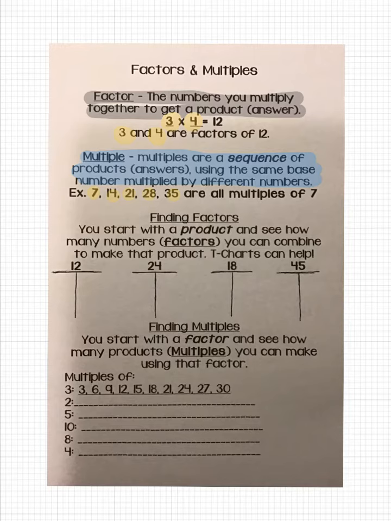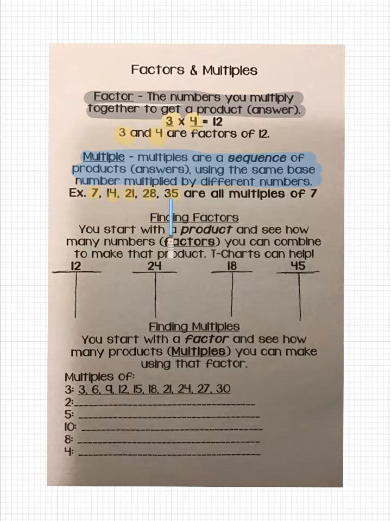Meaning that all of these numbers, 7, 14, 21, 28, and 35, are in a sequence. They're all answers to 7's problems: 7 times 1, 7 times 2, 7 times 3, 7 times 4, 7 times 5.